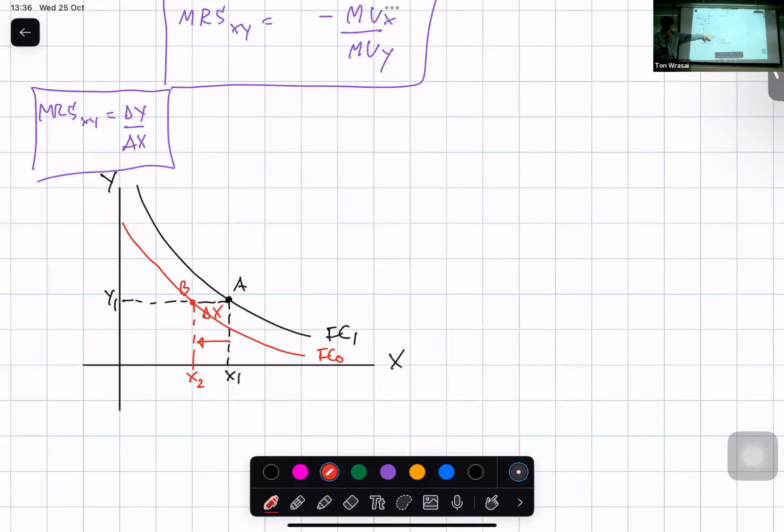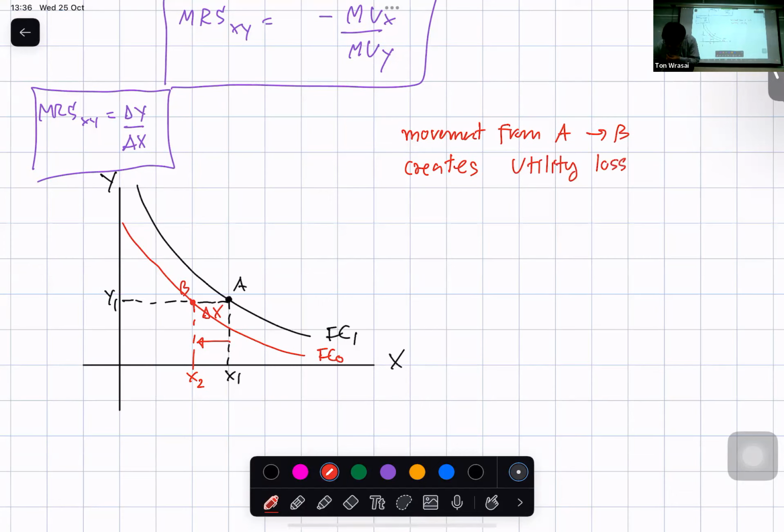He falls to the lower indifference curve. So the movement from A to B creates utility loss to this guy.